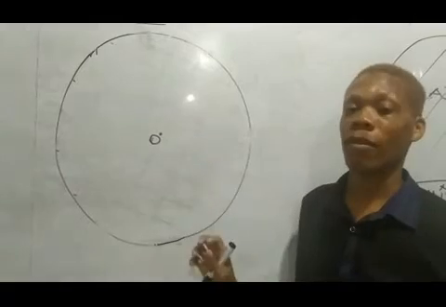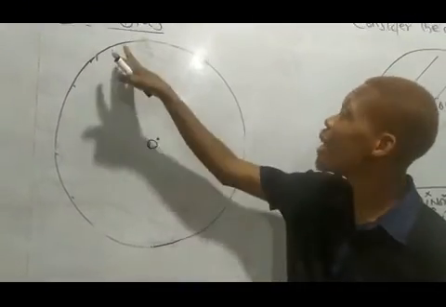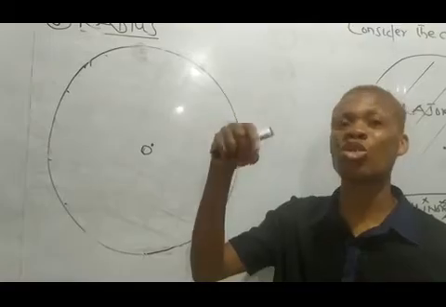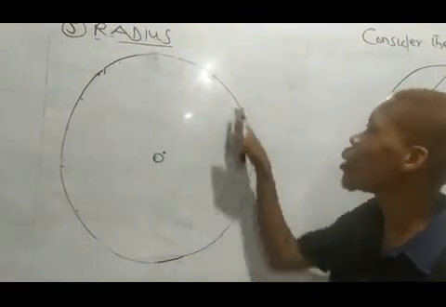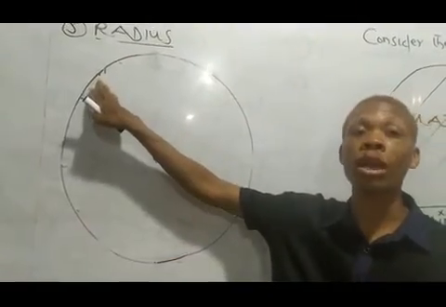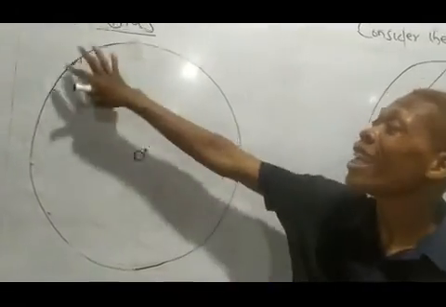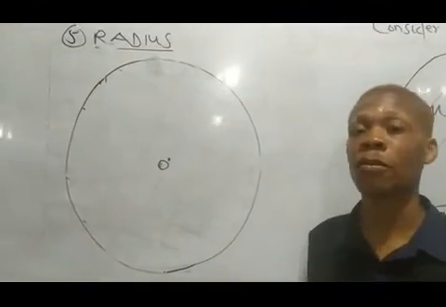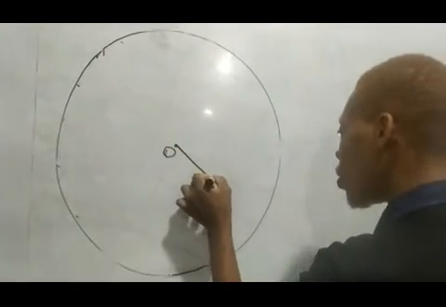So the radius does not have a common position. It can be anywhere. So far as it's a straight line from the center to any point on this circumference, we call it radius. So let me draw a straight line from the center to this point.